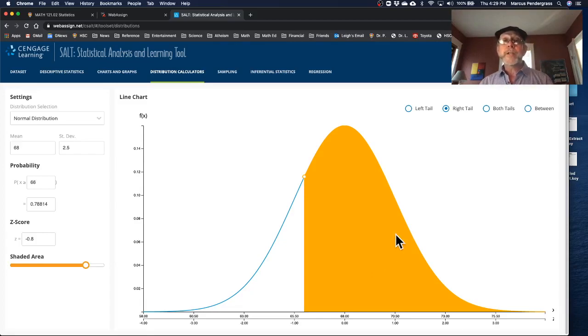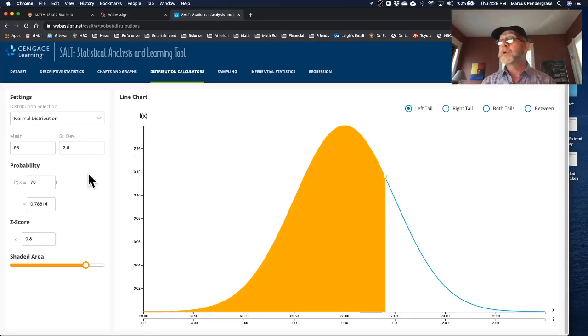What if you were interested in the proportion of the population that, say, less than 62 inches? So if I'm saying less than 62 inches, that means 62 inches or lower. That's a left tail of the distribution.